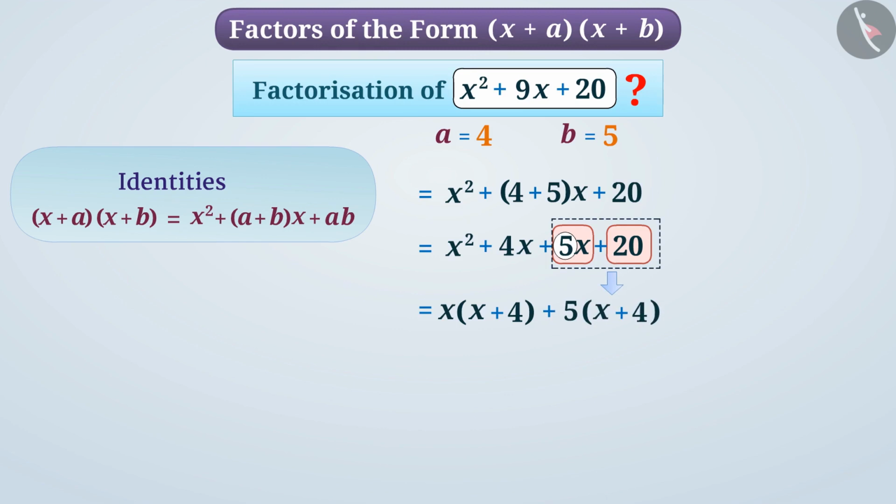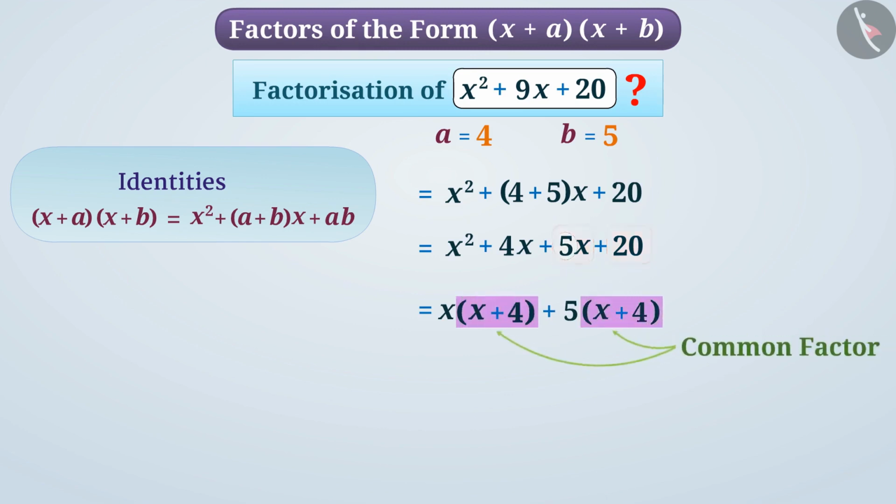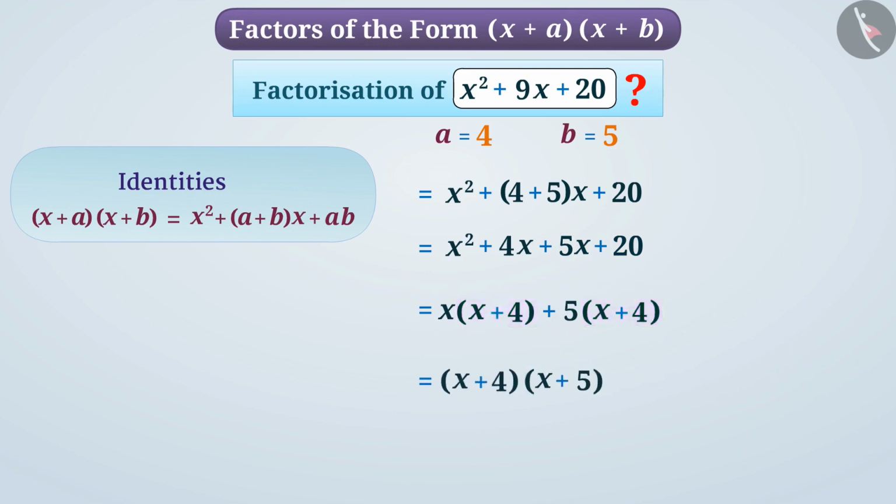Now we see that x + 4 is a common factor, so we can take it common and write the expression as (x + 4)(x + 5). In this way, the factorization of x² + 9x + 20 is (x + 4)(x + 5).